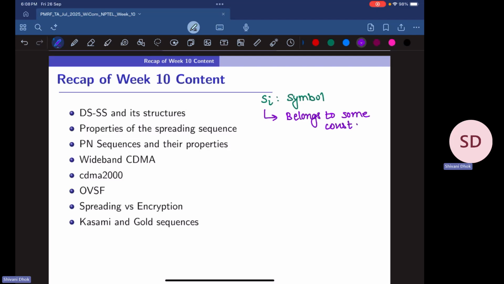And then we said we will transmit u(t), which is S_i times root E_b into g(t). And right now we are considering BPSK. So this g(t) is essentially your pulse shaping signal.